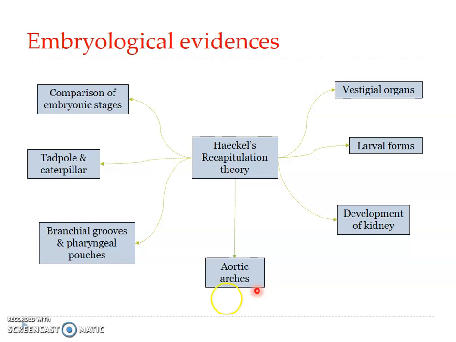Okay, so the lower vertebrates do have six pairs of aortic arches in the embryonic stage, and coming to fishes and amphibians, these six aortic arches may be present, but coming to higher vertebrates, what happens is some of them disappear during the course of development. Okay, the adult vertebrates, especially reptiles, birds, and mammals, have only 3 or 4 aortic arches.